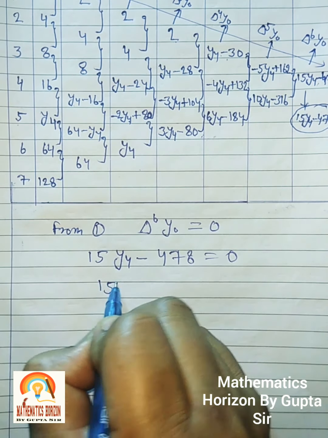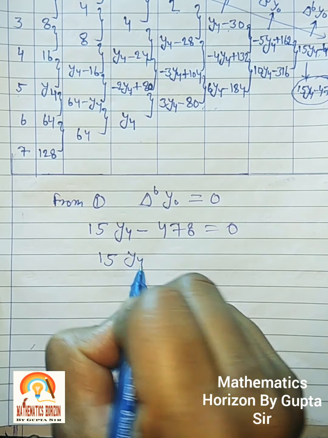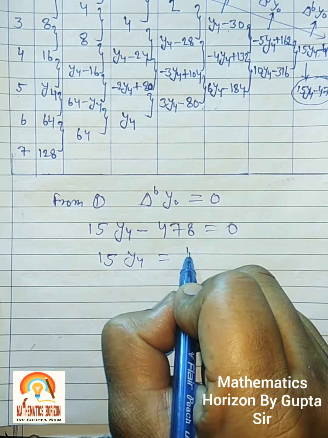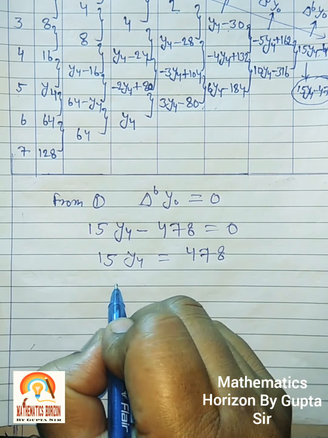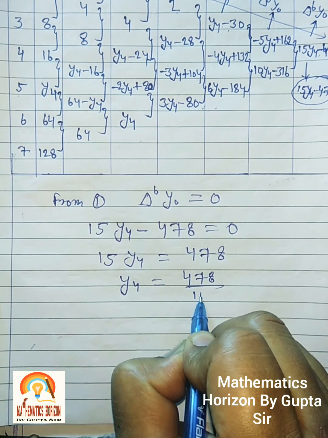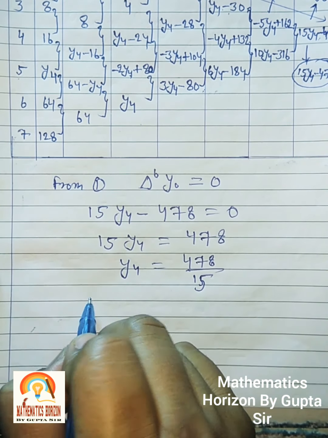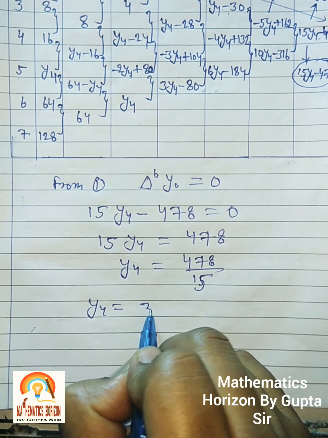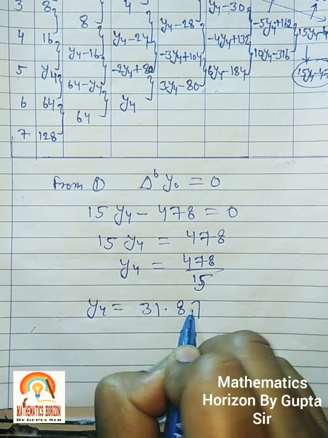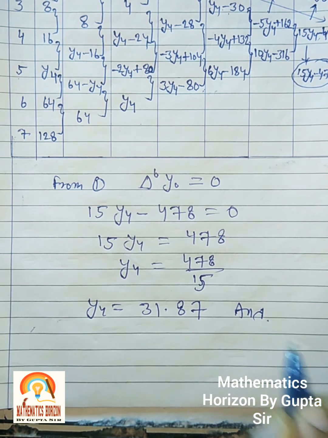That is 15y4 equal to 478, so y4 is 478 upon 15, which is equal to 31.87, and this is the final answer.